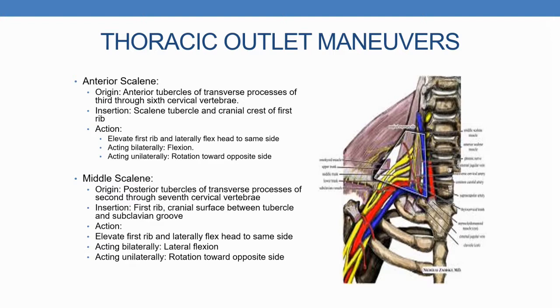So you'll see that this is indeed quite a tight compressed space, and it's amazing that we don't have more clinical cases of thoracic outlet syndromes when you consider the amount of structures that are compressed into these small spaces.